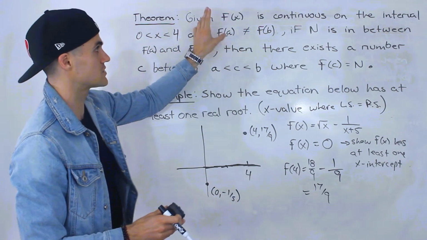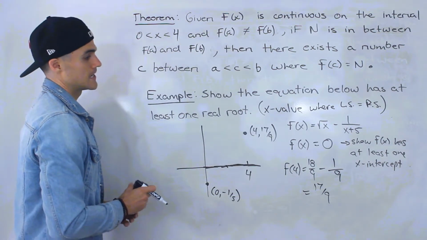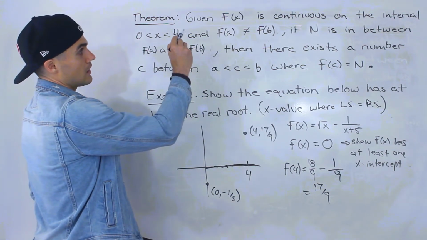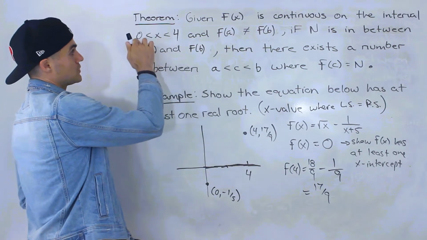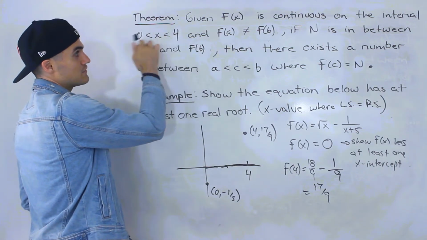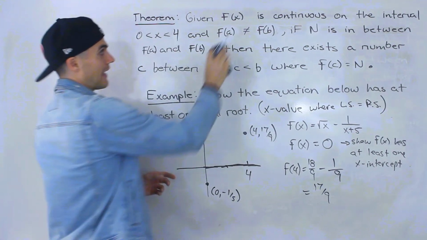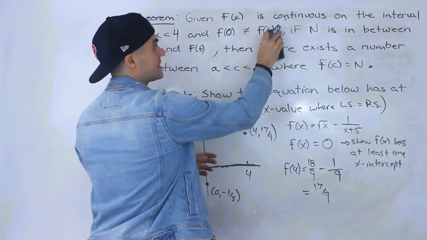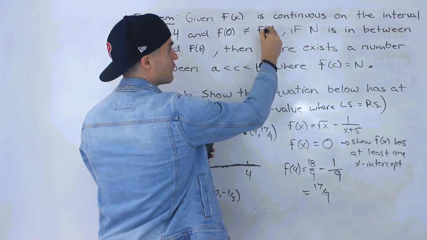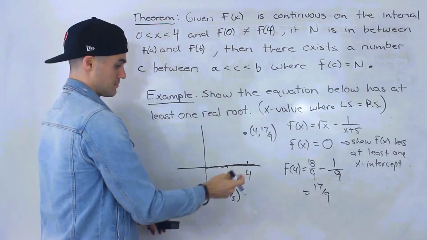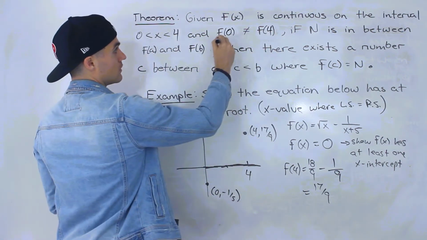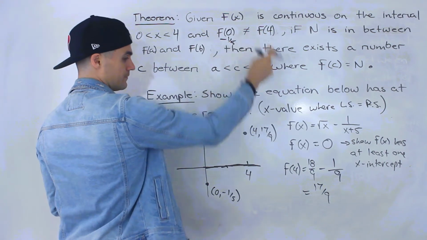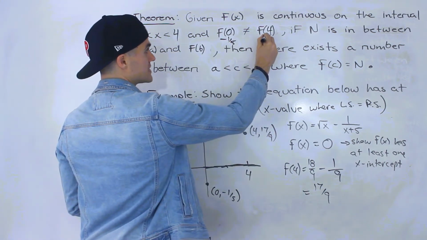I'm just going to leave it here because I don't have as much room up there. So given f of x is continuous on the interval between 0 and 4, that's the a and b value that we picked, and f of 0 does not equal f of 4, which is true because f of 0 is negative 1 over 5, and f of 4 is 17 over 9.